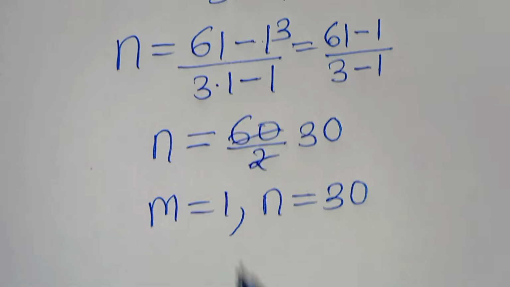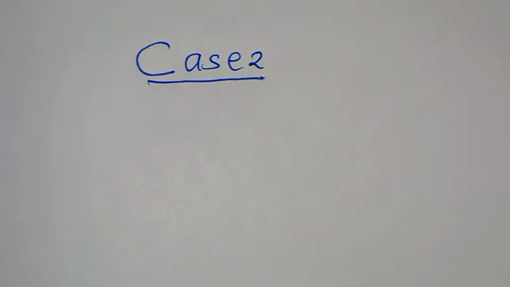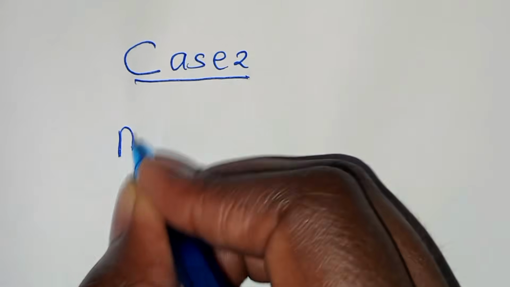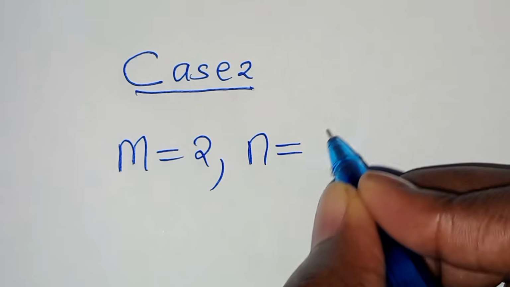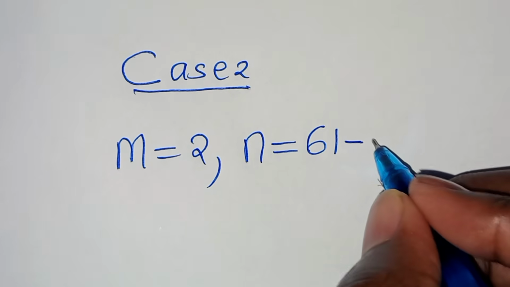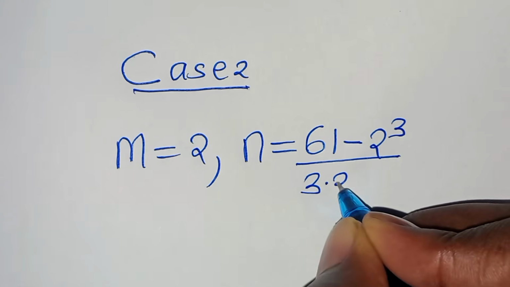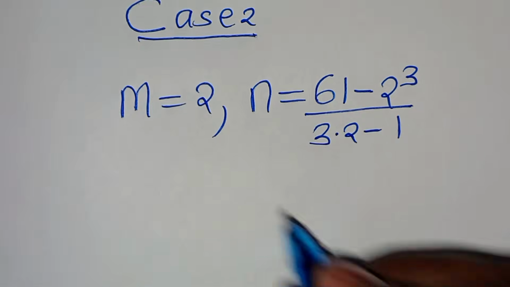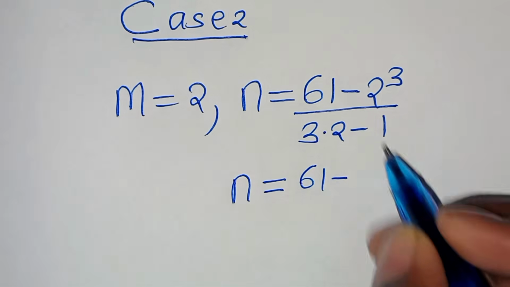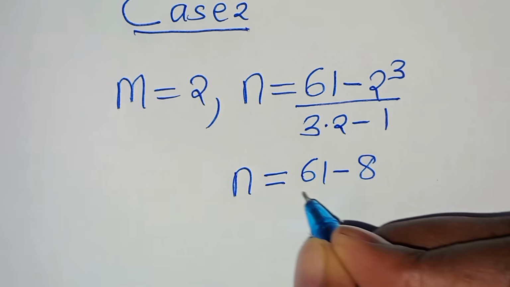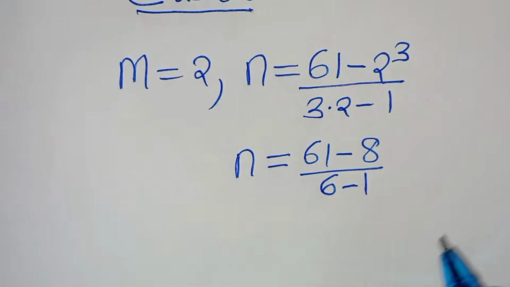Now let's proceed to case 2. In case 2, we have m equal to 2. So n is equal to (61 minus 2 to the power of 3) divided by (3 times 2 minus 1). So n is equal to 61 minus 8, divided by 6 minus 1.